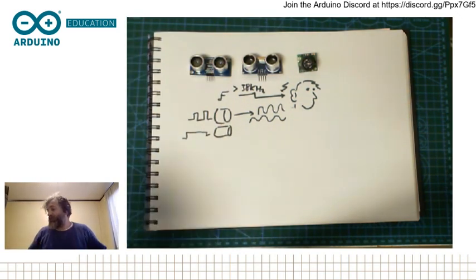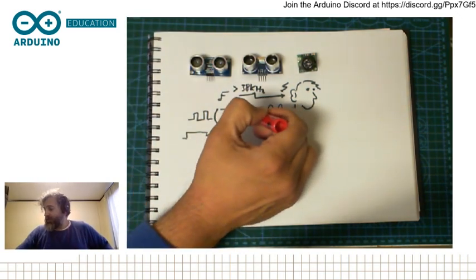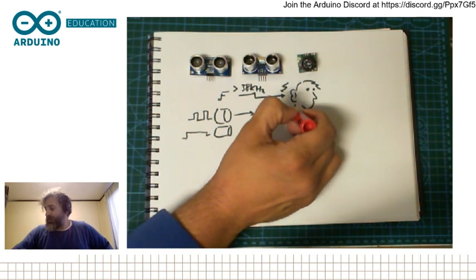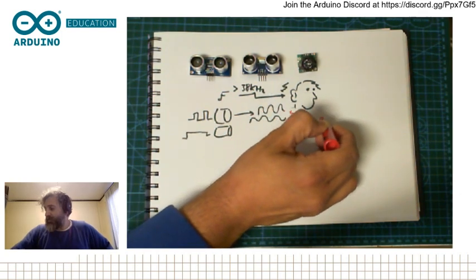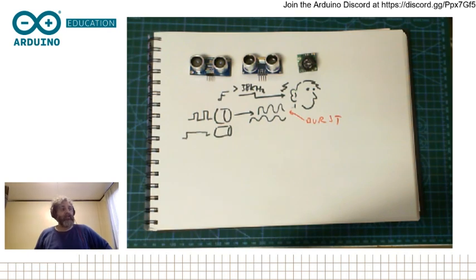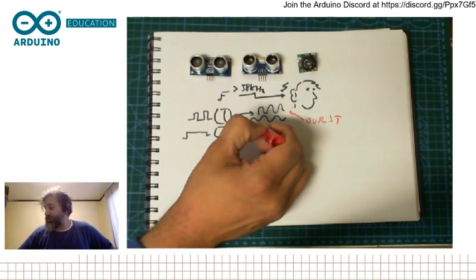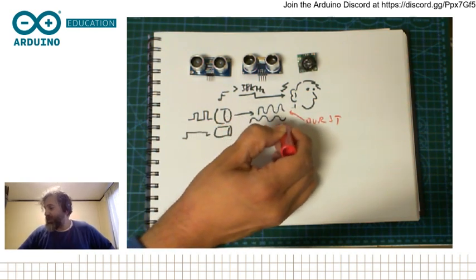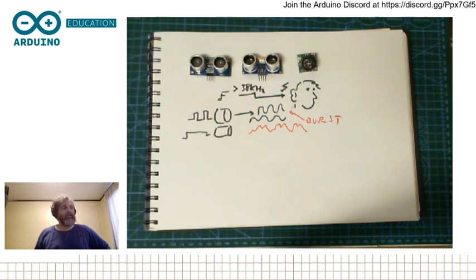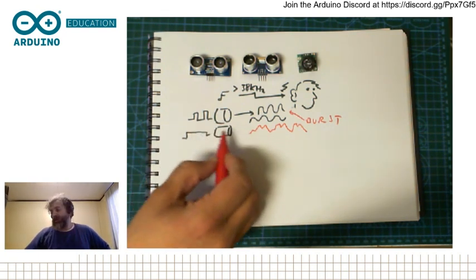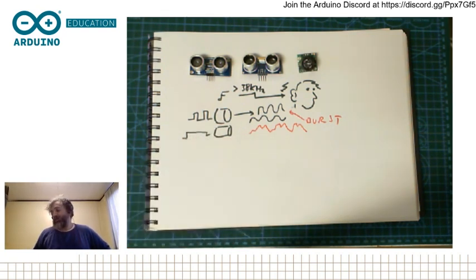I'll take a different color, because while the signal that we transmit is a burst, we typically call it a burst of a certain quality. After the signal has been traveling through the air, bouncing on something and coming back, the signal gets really distorted. So what we see is more or less like this. So we need some processing power on this side to translate this into something we can work with.